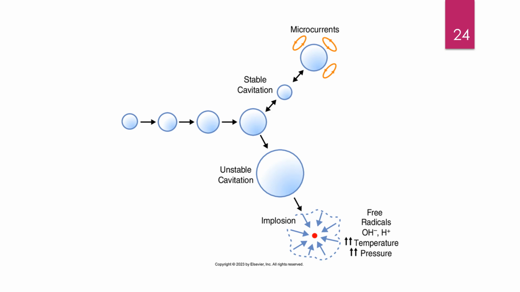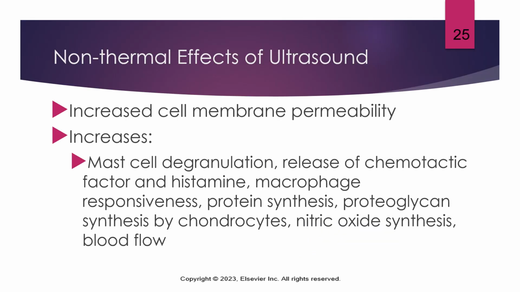If we look at the very bottom of this image, this would be an example of what unstable cavitation is. We get this implosion. Basically it's vibrating too quickly, and when it does implode finally, it releases free radicals.